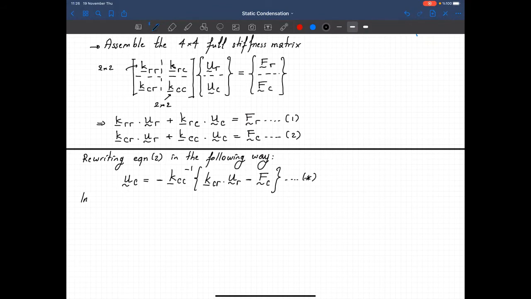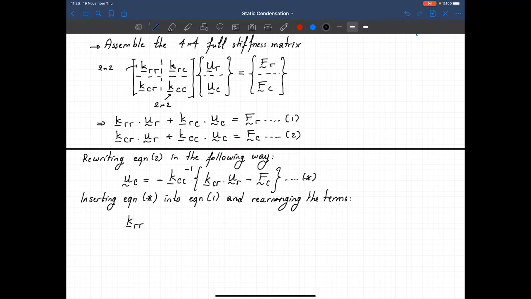Now inserting equation star into equation 1 and rearranging the terms, I have the following equation.